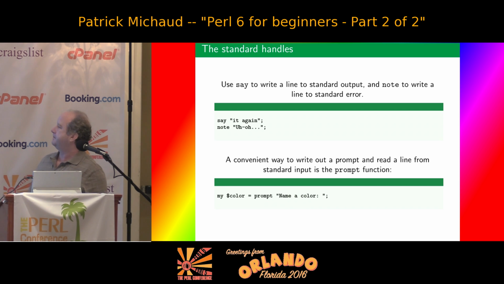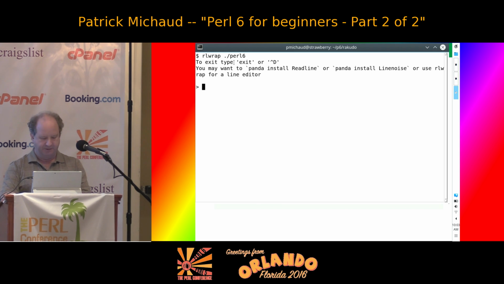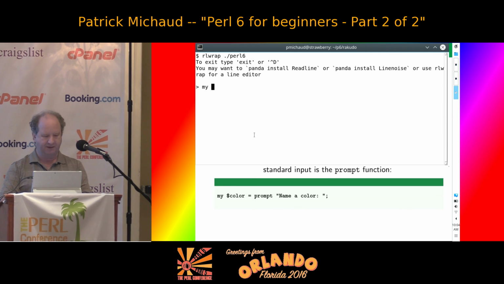A convenient way to read a value from standard input is to use the prompt function. You just say prompt, say what you want it to prompt with, and that will wait for standard input to provide a line of text, and then it will return that value and you can assign it somewhere else. So if I go to my item here, I'm going to make this one a little shorter so you can see.